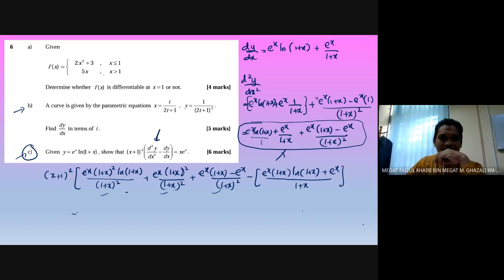Okay, so class, you try by yourself, substitute this one by one, and let's see whether your final answer will end as x multiplied with e^x or not.